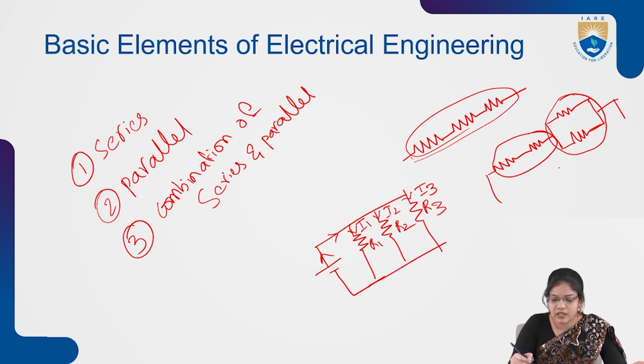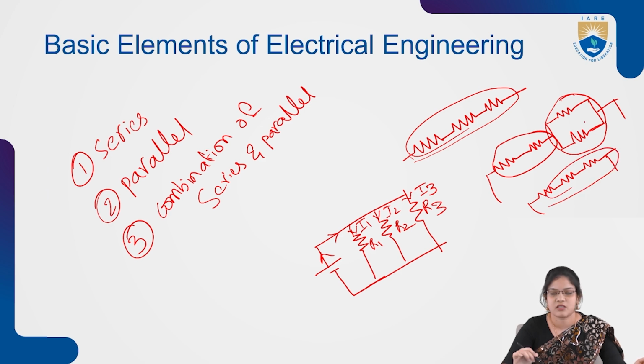First we have to reduce the network which is connected in parallel. So these two resistances are connected in parallel, and we reduce them into a single resistance. Again, these three resistors will be in series with this network.